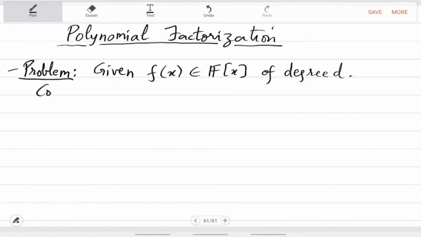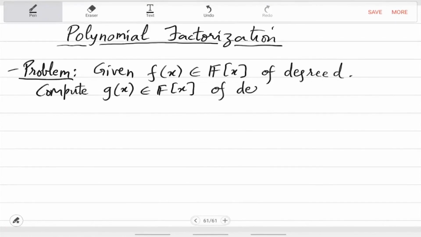You want to compute another polynomial g(x) in the same field, of degree 1 to d minus 1. So its degree should be less than that of f, and it should at least be a linear polynomial, not a constant, such that g divides f. This is the question.